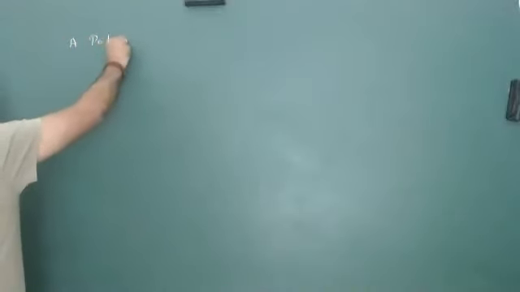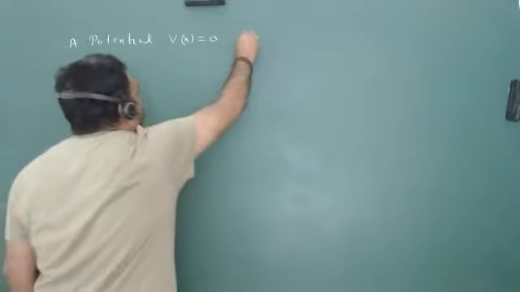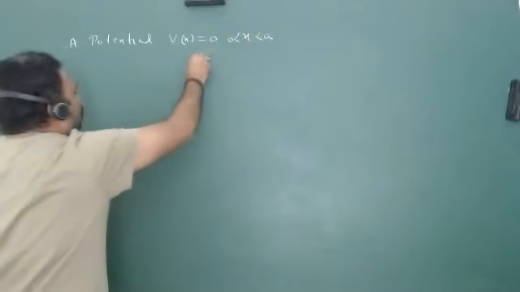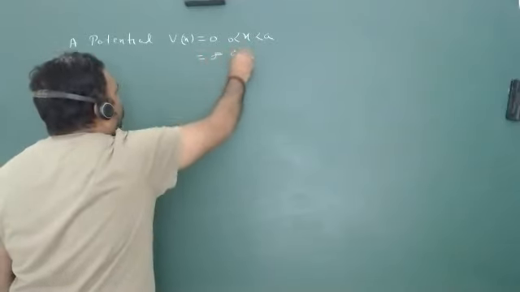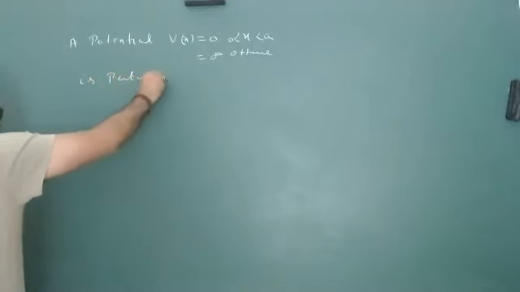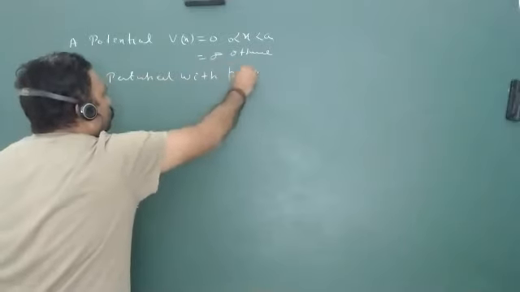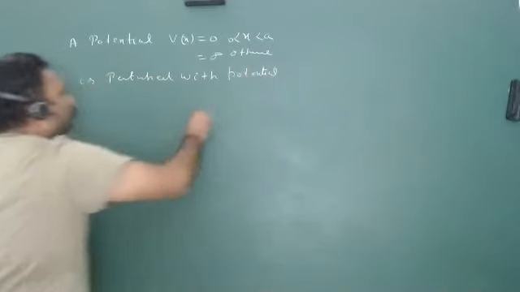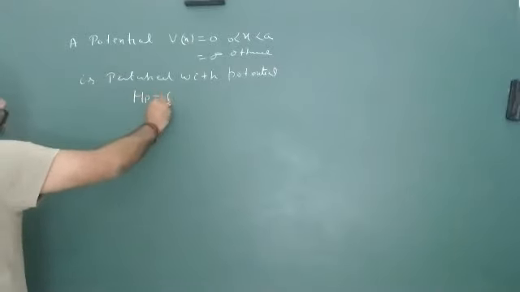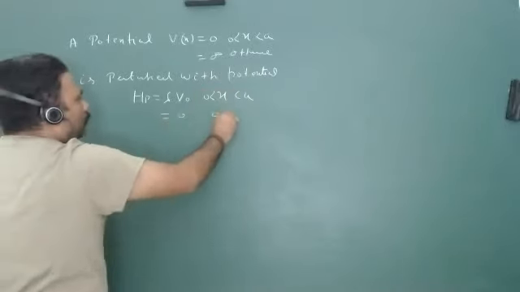A potential V(x) is equal to 0, where x is between 0 to a, and infinity otherwise, is perturbed with potential H_p equal to lambda V naught, where x is between 0 to a, and 0 otherwise.